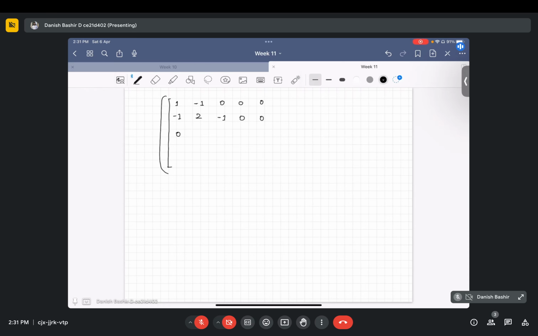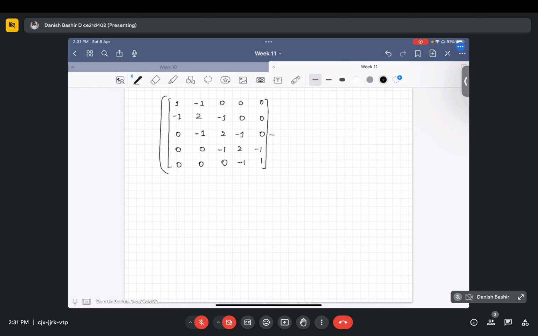Then minus 1, 2, minus 1, 0, 0, 0, minus 1, 2, minus 1, and then 0, 0, 0, minus 1 and 1. Okay, we got this matrix.